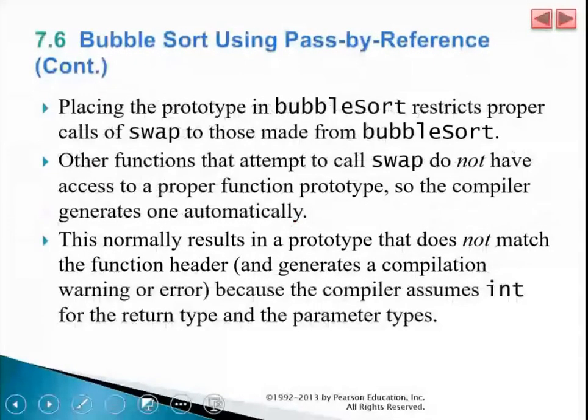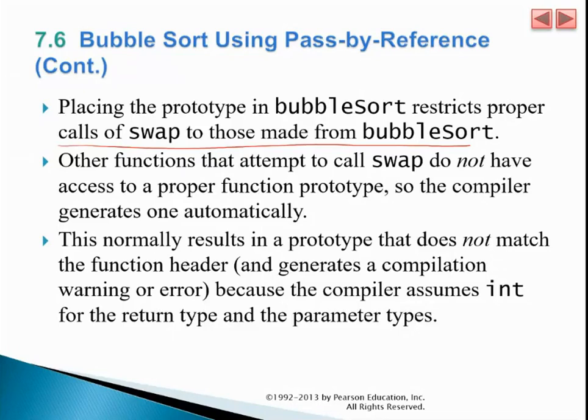Placing the prototype in bubble sort restricts proper calls of swap to those made from bubble sort. If another function would like to attempt to call the swap, it does not have access to the proper prototype. What is the return type? What are the parameters? The compiler will generate one automatically, and this will actually result in some sort of compilation error.